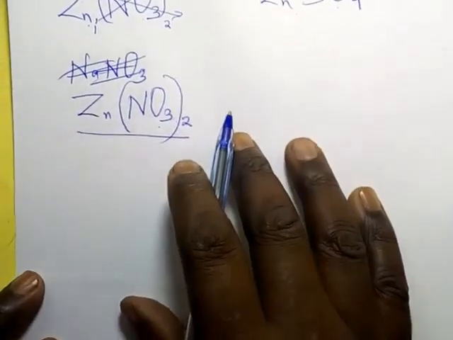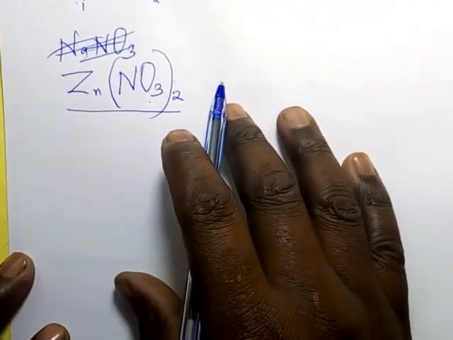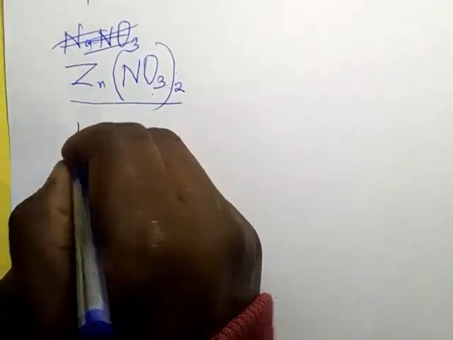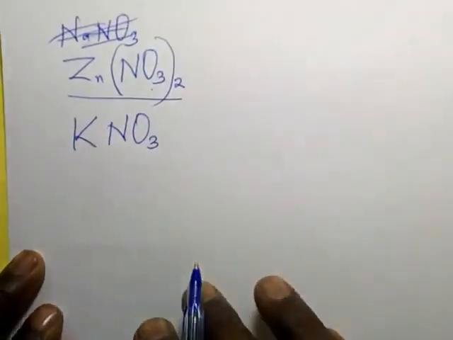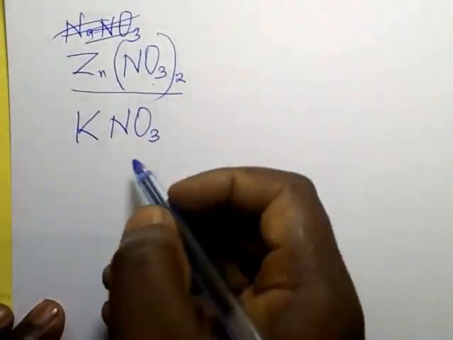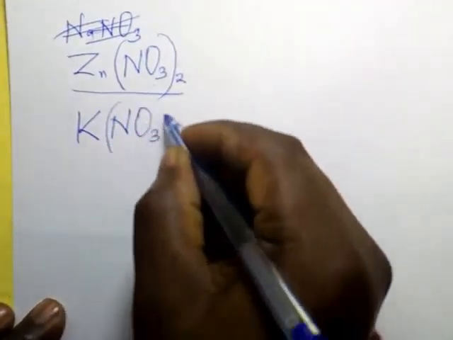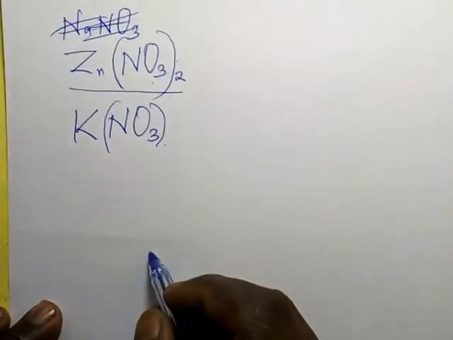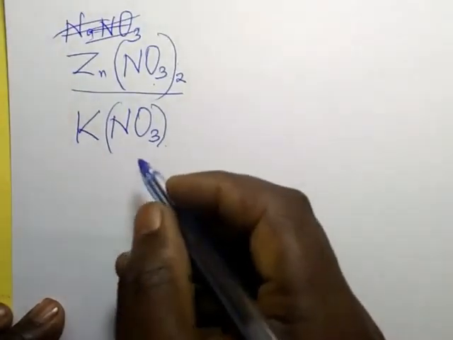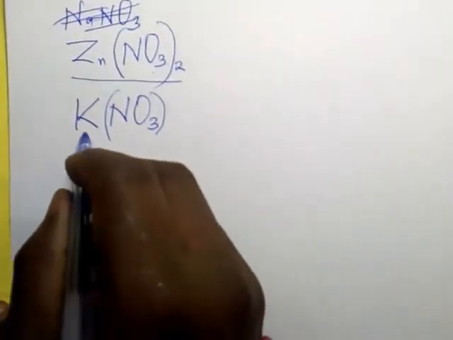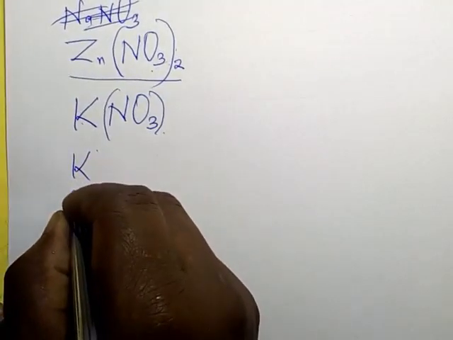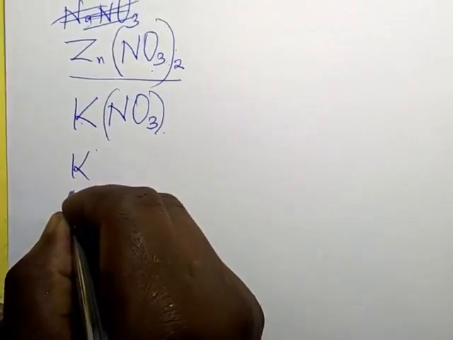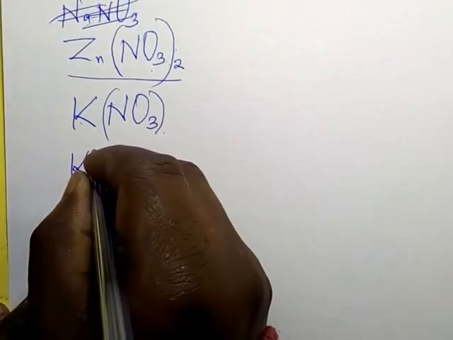So let me write potassium nitrate. Potassium nitrate is KNO3. That is potassium nitrate. Do you realize I don't have a bracket here? Why don't we have a bracket there? We know that potassium is atomic number 19, electron configuration 2881, therefore it has a valence of 1.